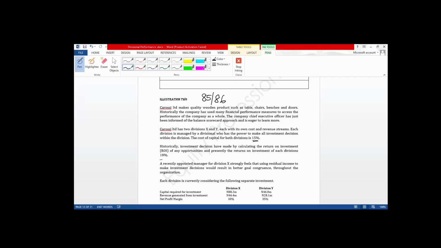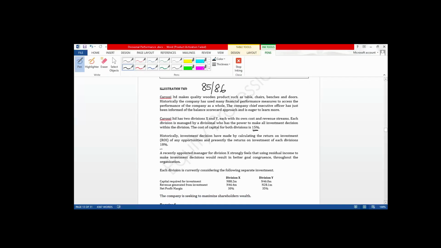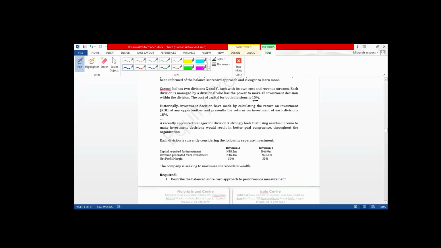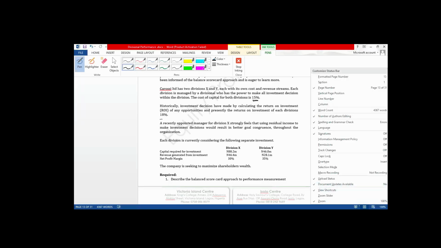Net profit margin is also given. The company is seeking to maximize shareholders' wealth. Requirement A: describe the balanced scorecard approach to performance measurement.